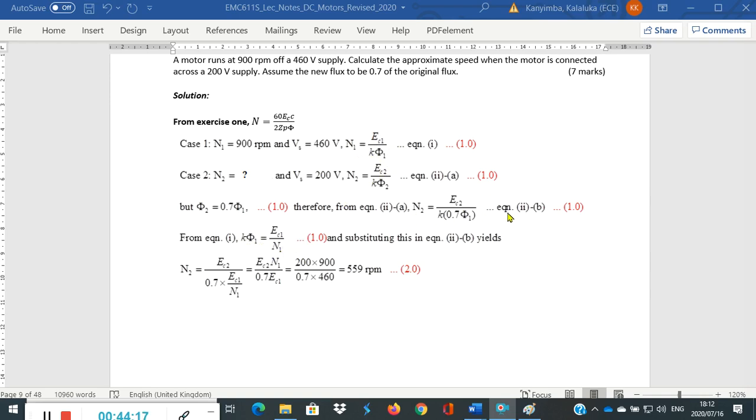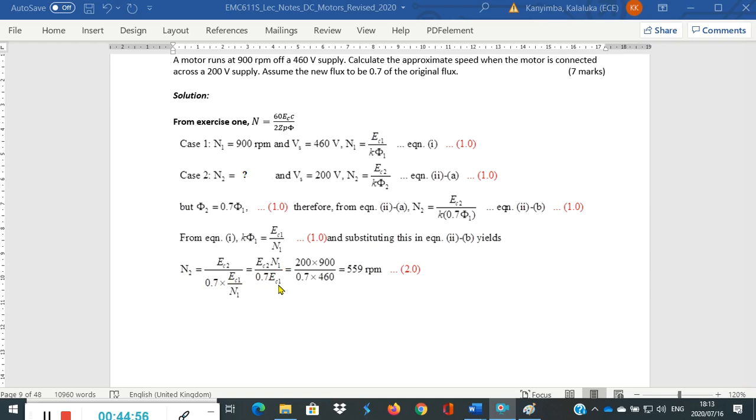In equation 2b, where there's K times phi1, we are now going to use EC1 divided by N1. So N2 is equal to EC2 divided by 0.7 times EC1 over N1. Rearranging, N2 is EC2 times N1 divided by 0.7 EC1.